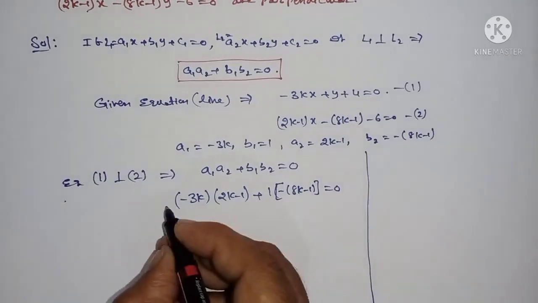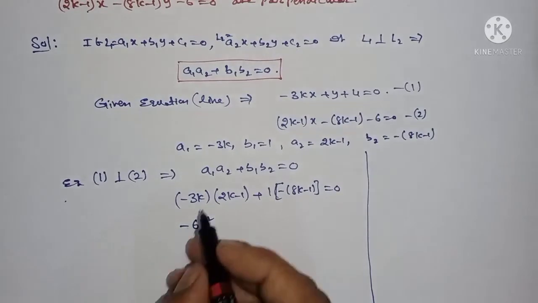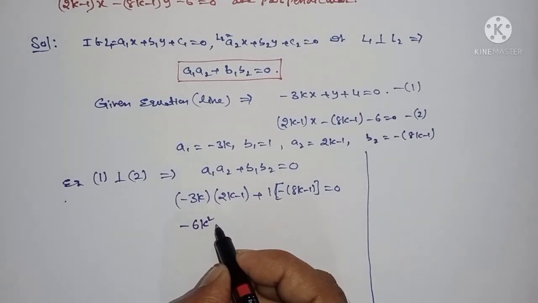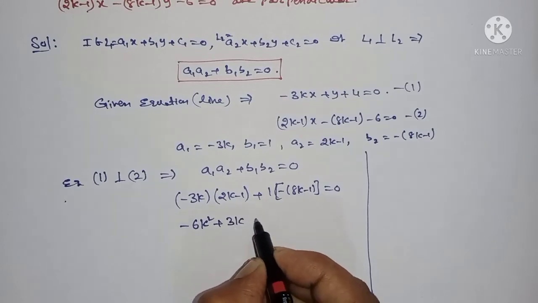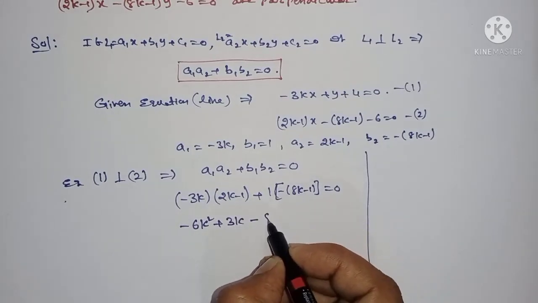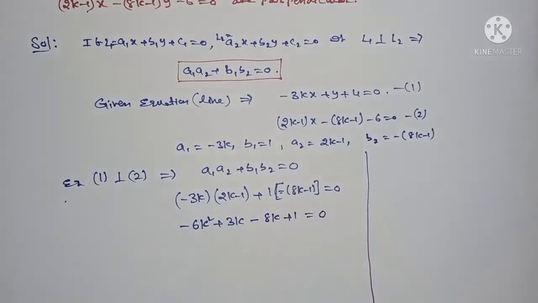Therefore minus 6k square, as 3 into 2 is 6, k into k is k square, minus of minus plus 3k, it is minus of 8k, minus of minus plus 1 is equal to 0.